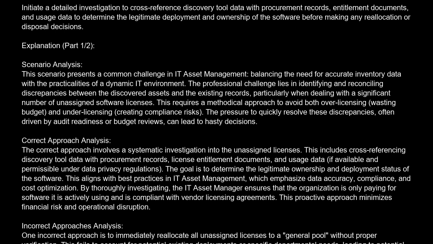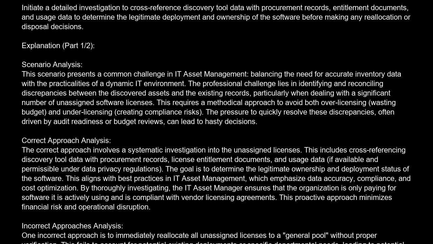Correct approach analysis. The correct approach involves a systematic investigation into the unassigned licenses. This includes cross-referencing discovery tool data with procurement records, license entitlement documents, and usage data, if available and permissible under data privacy regulations. The goal is to determine the legitimate ownership and deployment status of the software.